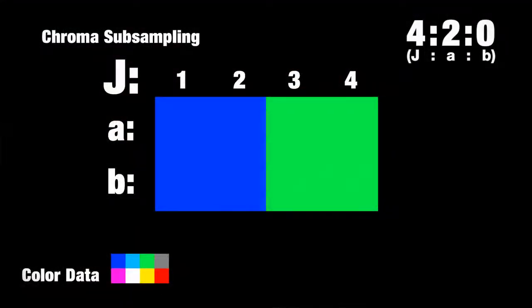Let's look at 4:2:0. In this sampling, the top row shares a chroma sample every 2 pixels, but the bottom row doesn't get any samples at all, and shares the color information of the pixels directly above them.